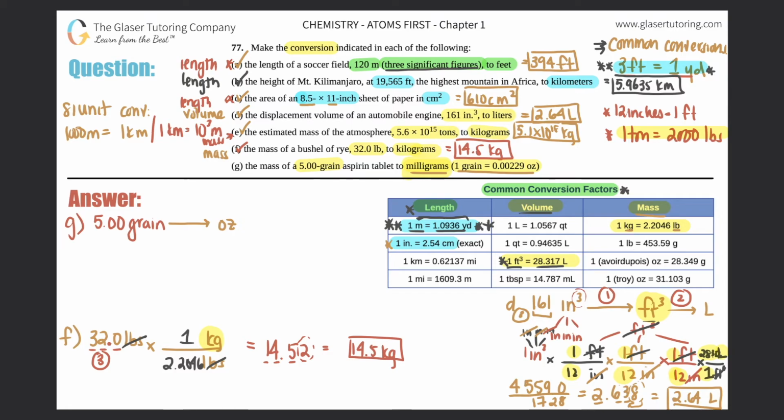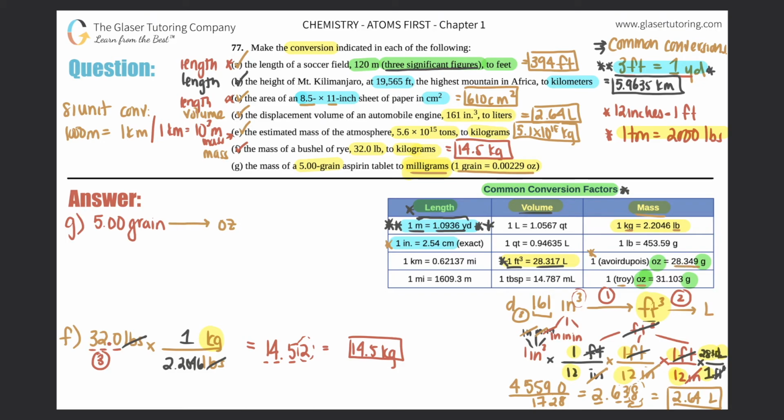And there's 2 conversions that have to deal with ounces and grams, right? Now, chances are you will always use the top one. The bottom one, the troy ounce, only has to deal with ounces with metals, but this is an aspirin tablet, so we will use the top one. And this one is the standard one.